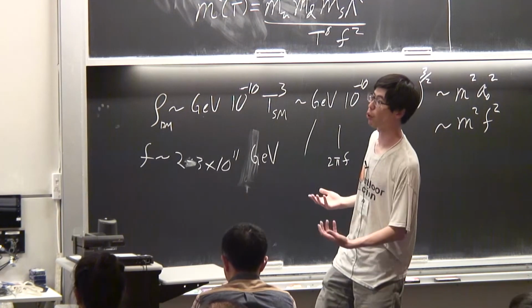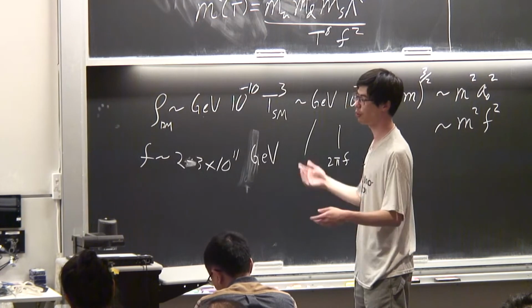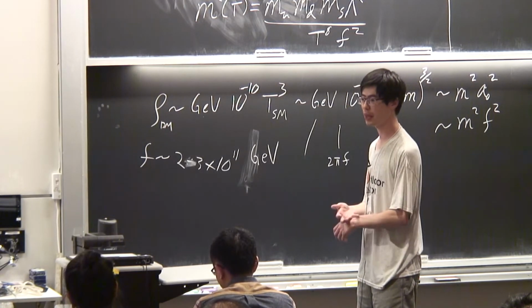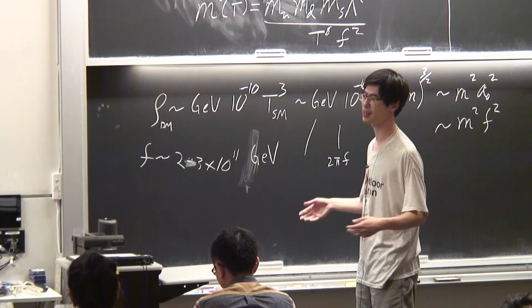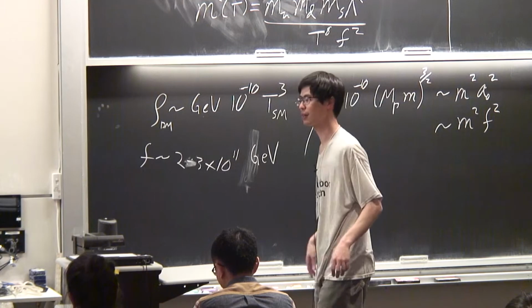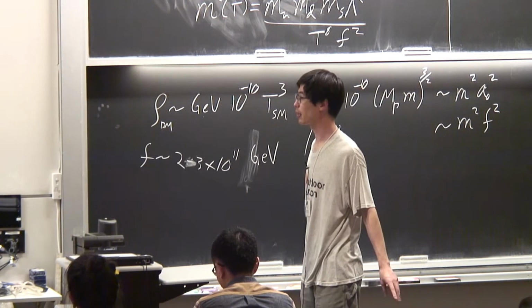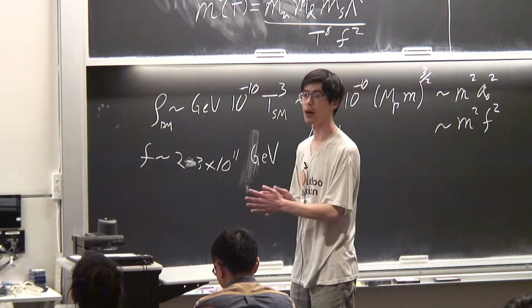So that's one additional step. But it still ends up being only 1 or 2 pages of algebra, instead of a year or 2 of doing lattice calculations and working very hard. And you get basically the right answer. Okay, I guess that's it for now.